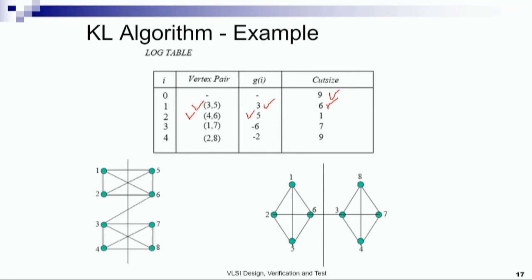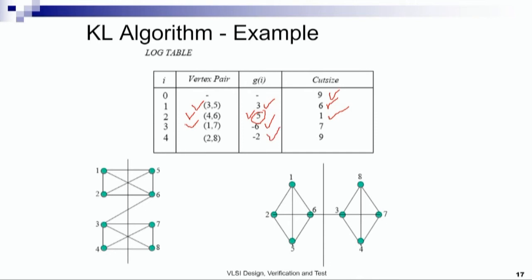So previously we see that the maximum gain was 3, but after 3 and 5 have been exchanged, the new gain that is provided now is 6, 4, and the gain is 5, which is higher than the first gain, right? And then the cut size reduces to 1 from 6. So 6 minus 5 is 1. Now the next two vertex pairs, the gain is negative. It's minus 6 and minus 2.